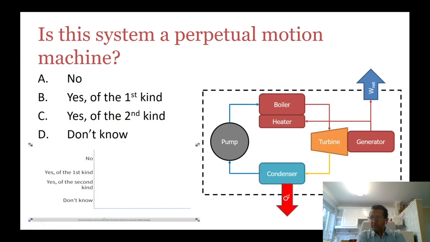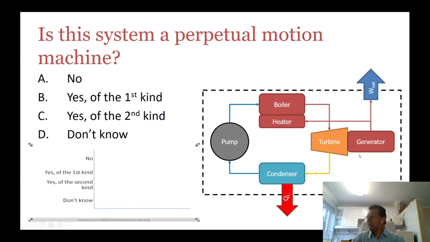There's a question for you, so you can think about what this means. What is meant by this diagram? I have a boiler system, and from the boiler I have a heater. And I have a generator as well.